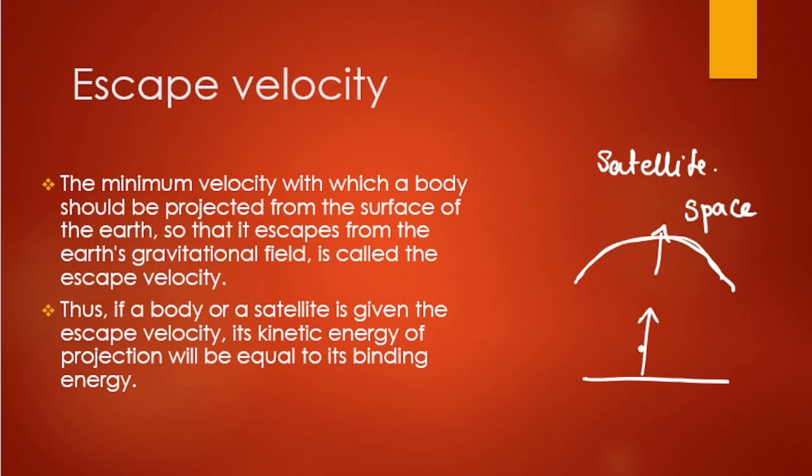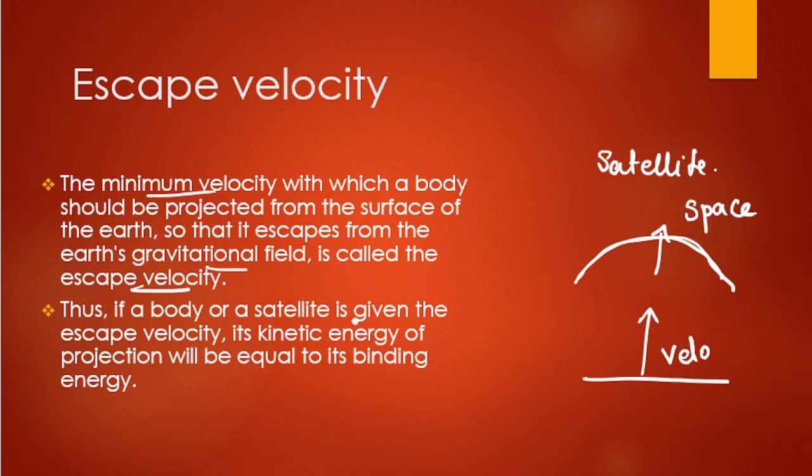Because we are giving some velocity to the satellite. The minimum velocity we give to the satellite at which it can be projected out from the surface of the Earth, escaping from the Earth's gravitational field, is called your escape velocity.